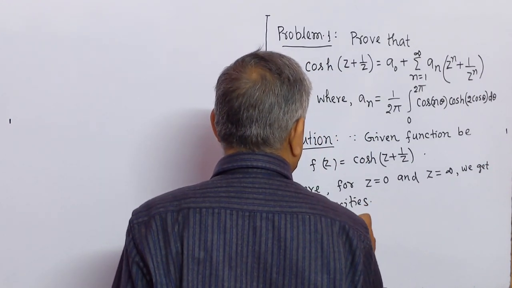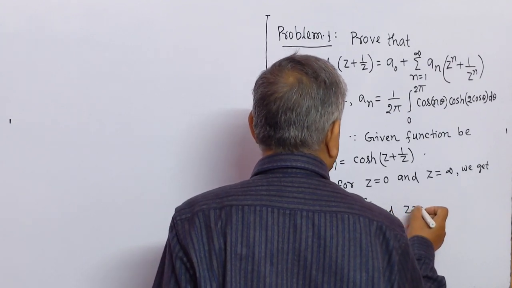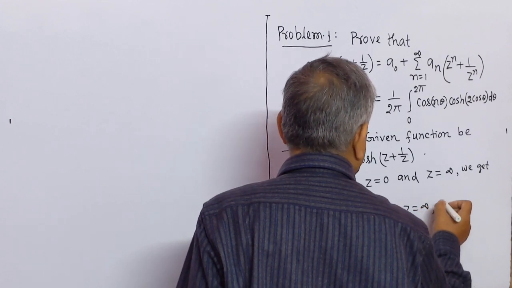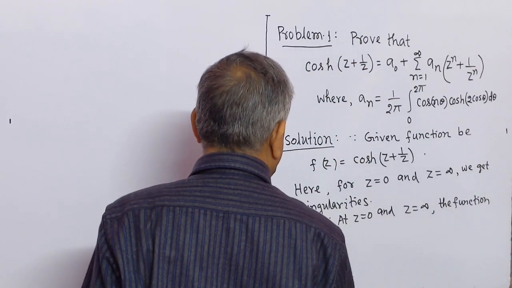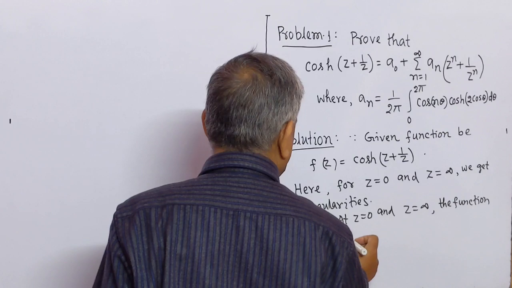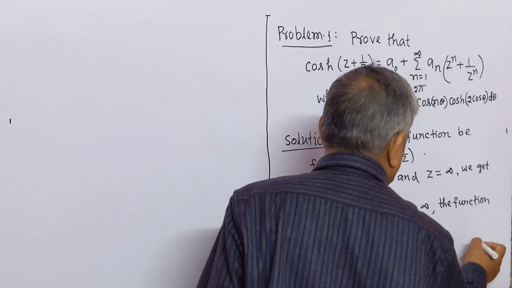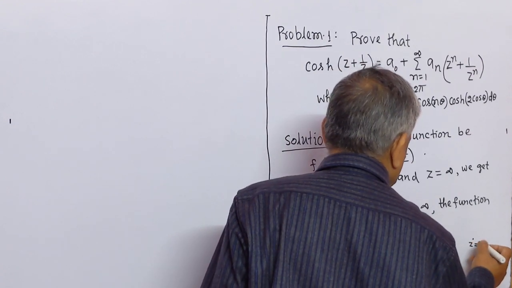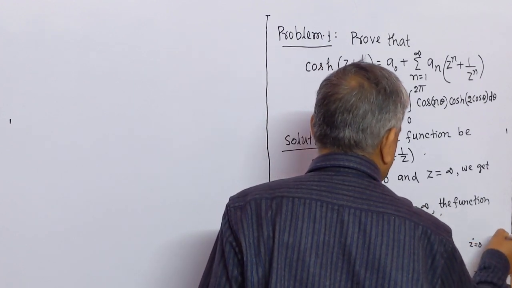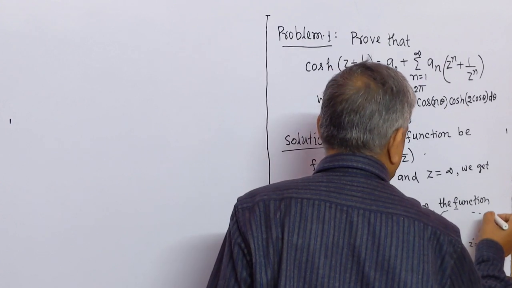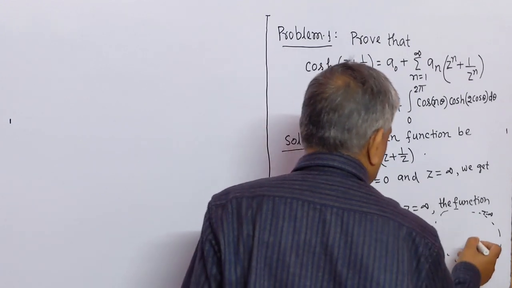Therefore, at z equal to 0 and z equal to infinity, the function f(z) is not analytic. So at z equal to 0 it is not analytic, and at z equal to infinity, it is not analytic.